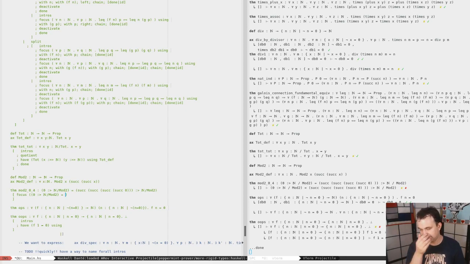It's mostly a functional thing together with some logic. And this means 0 seen as a member of n quotiented by something. Yeah, it's just a BNF. The advantage is that it's a BNF. The disadvantage is it's really messy with priorities.